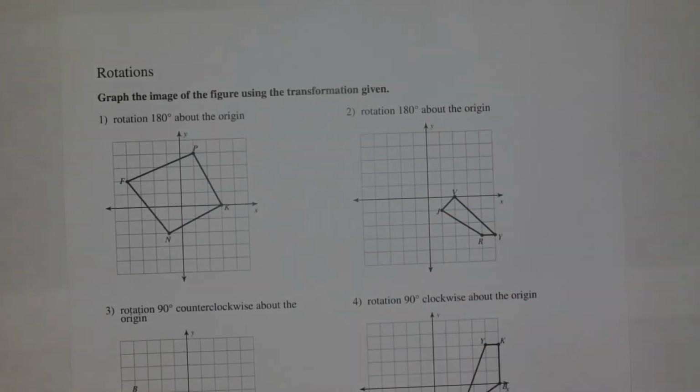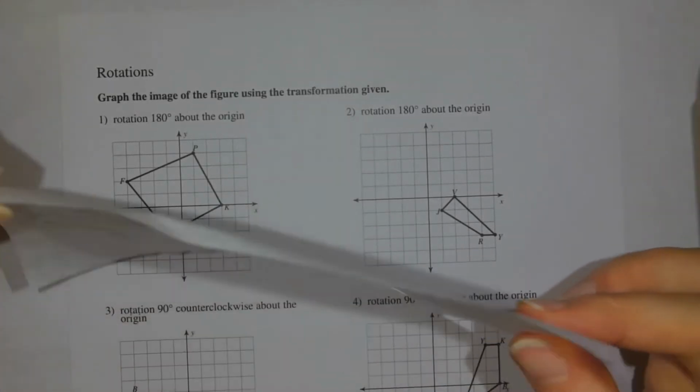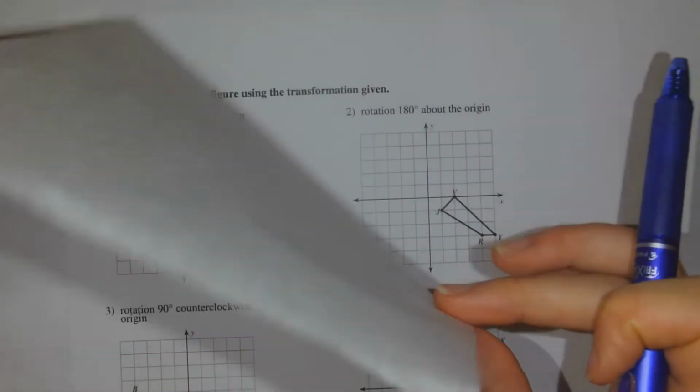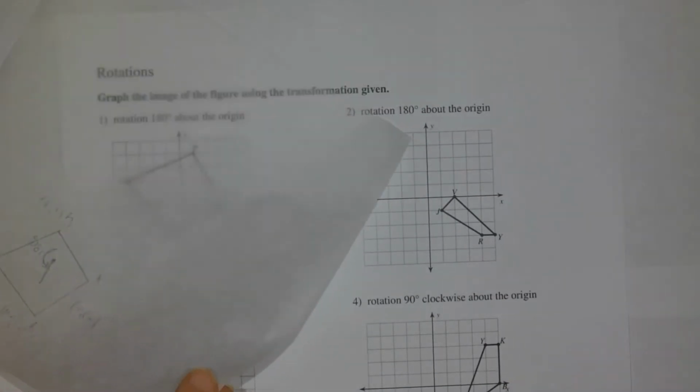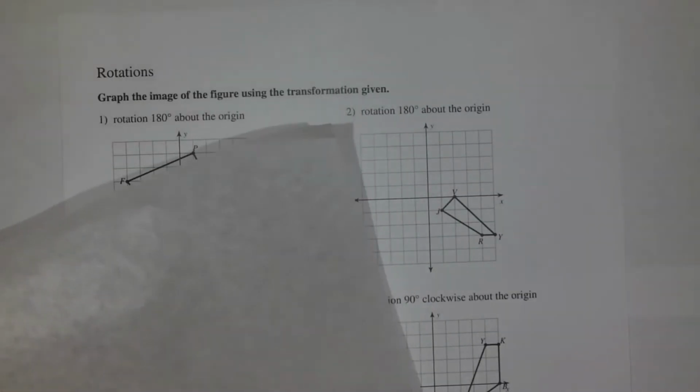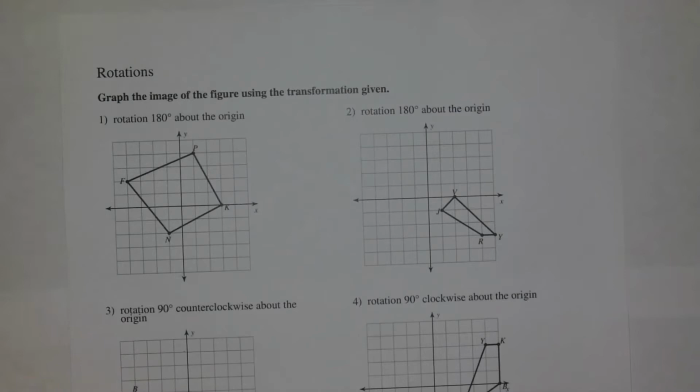But I still want you to understand how to use this tracing paper. It's very valuable for checking your work if you're using a rule, or if you think that you understand how to do something intuitively.